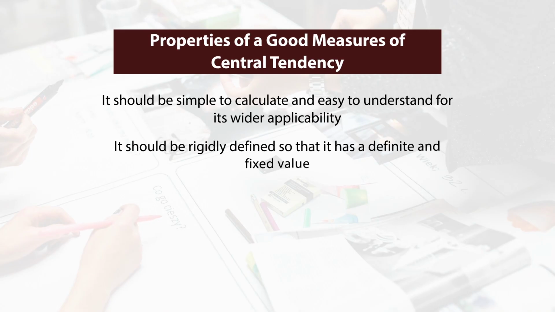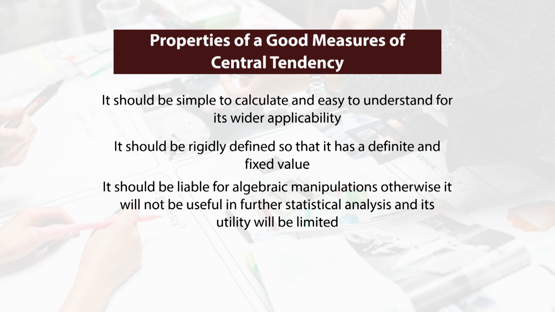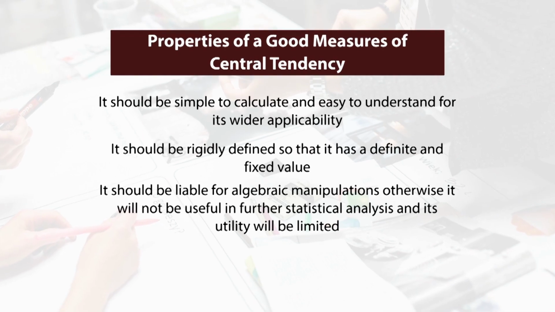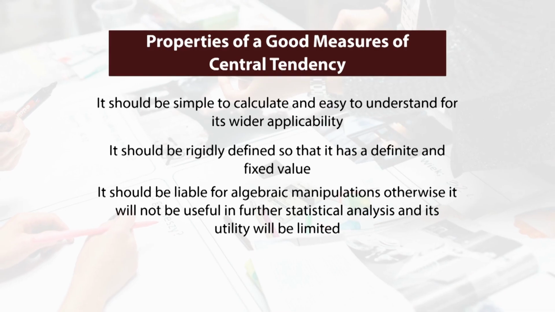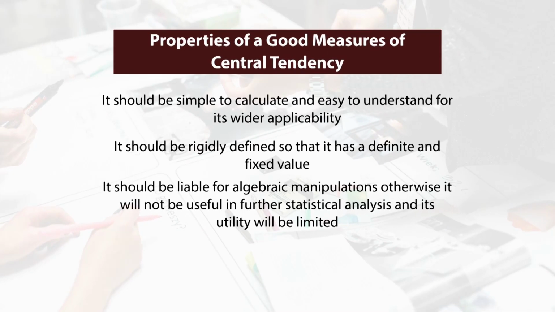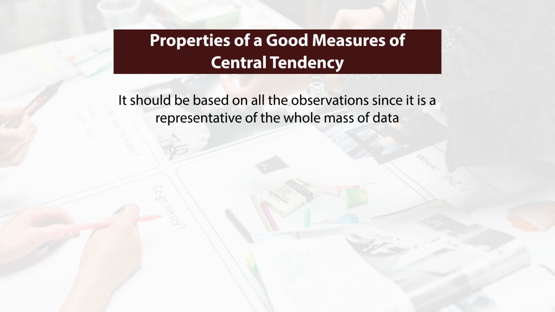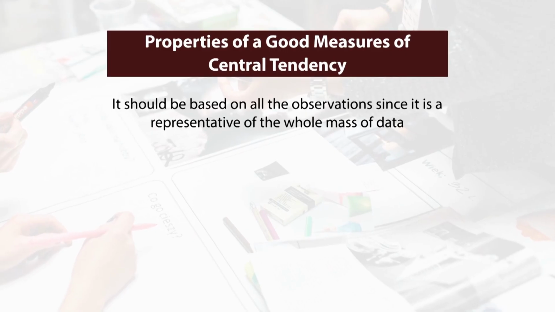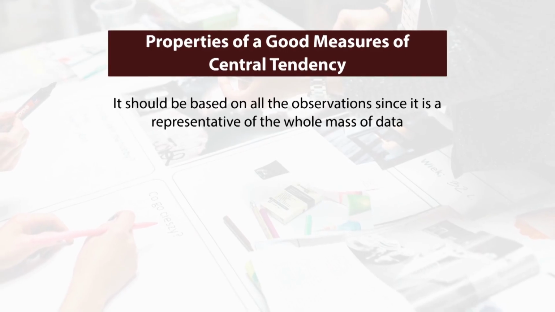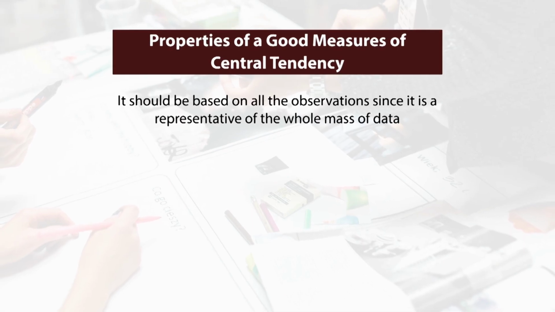It should be rigidly defined so that it has a definite and fixed value. It should be liable to algebraic manipulations, otherwise it will not be useful in further statistical analysis and its utility will be limited. It should be based on all the observations, since by definition a measure of central tendency is a representative of the whole mass of data.